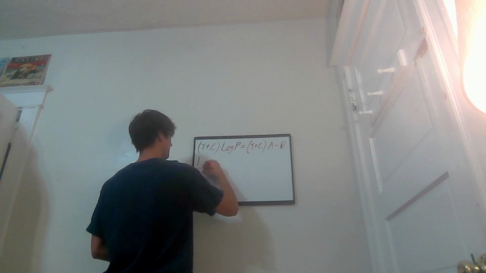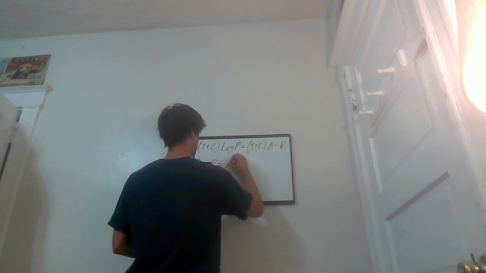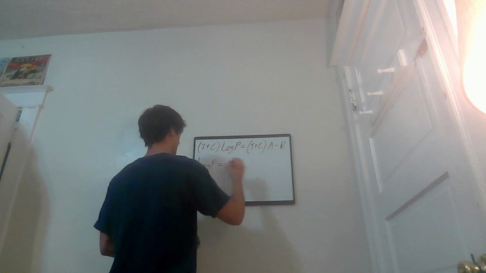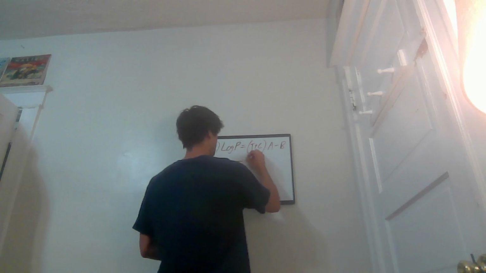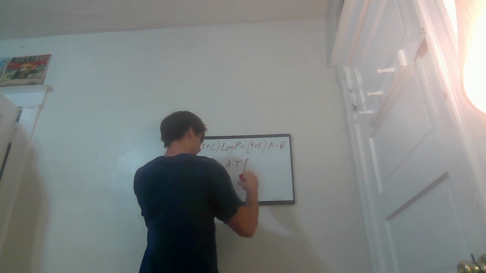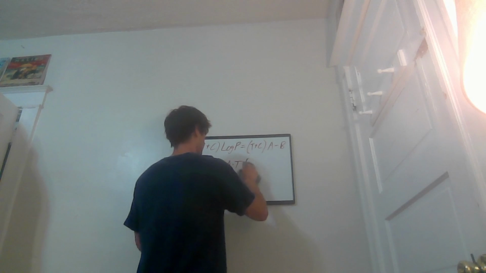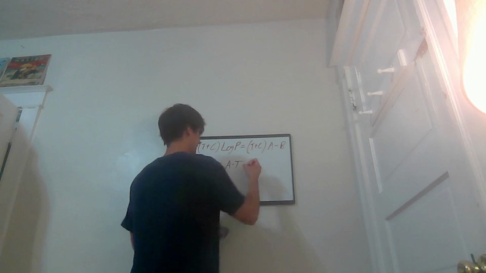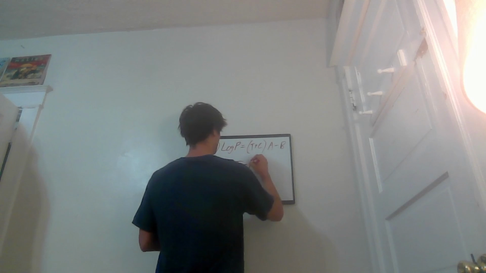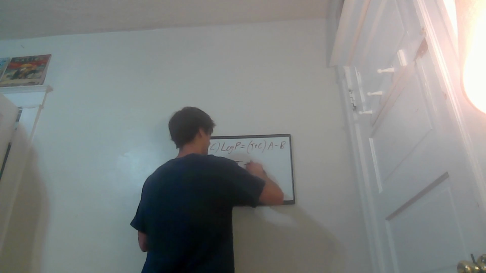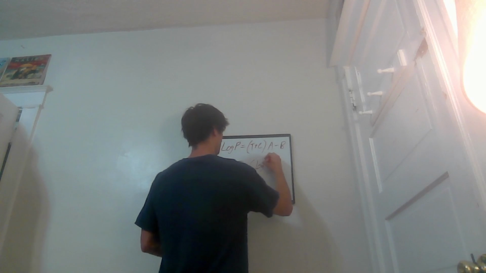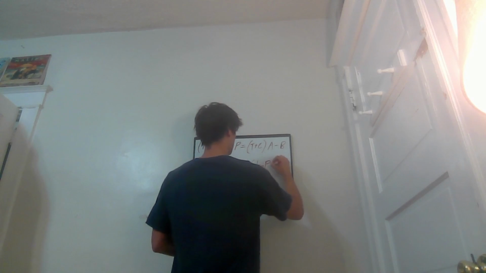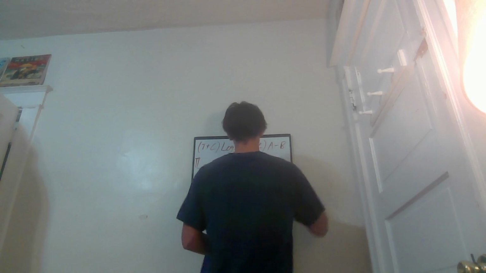So it's going to turn into our t log p equal a times t, subtracted by our c log p, and then that's going to be added to ac minus b.